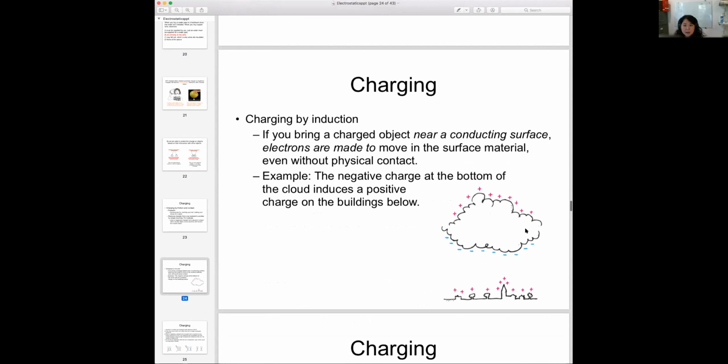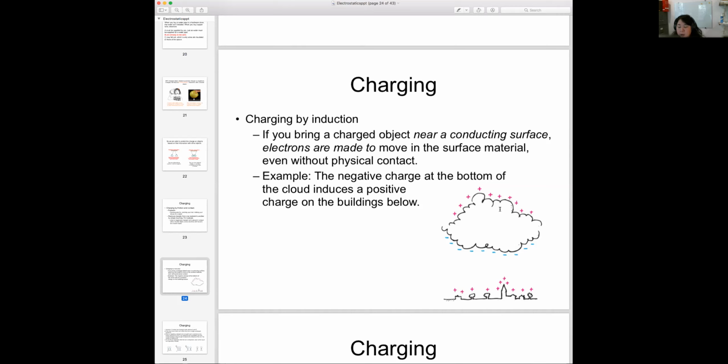You see the clouds up in the sky, and our ground is not perfectly electrically neutral. It tends to be positively charged sometimes, especially when you have clouds on top. So they're slightly positively charged.